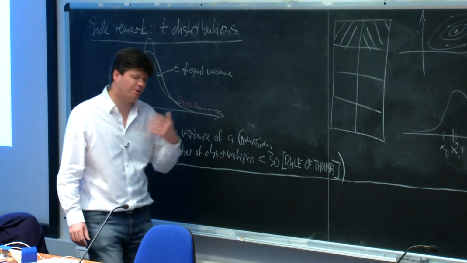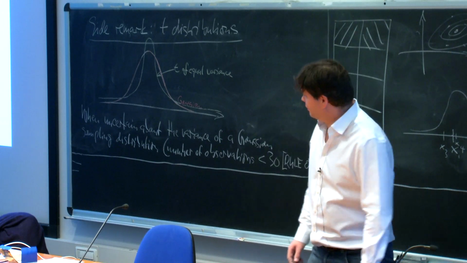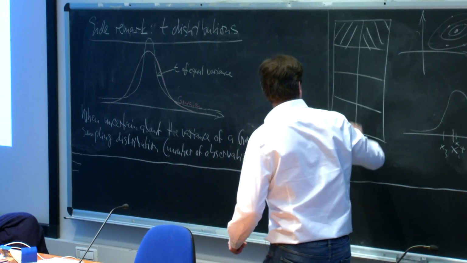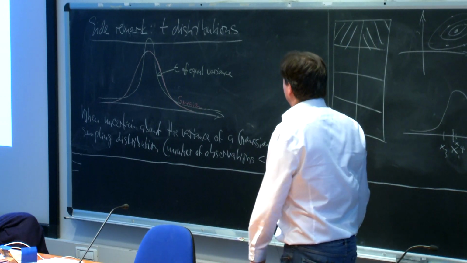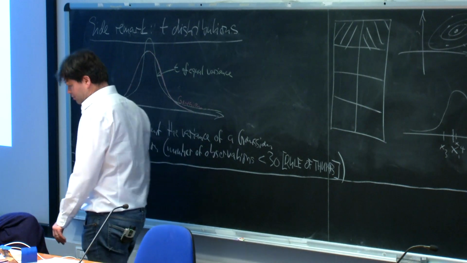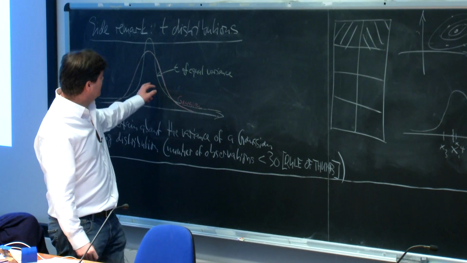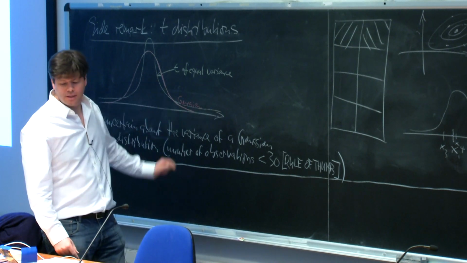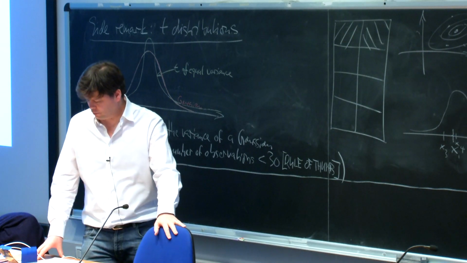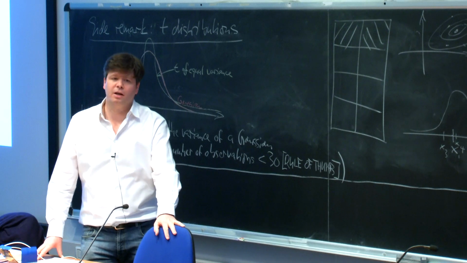So it will be practically indistinguishable from a Gaussian. But if you have fewer observations, like Gossett had in his Bernoulli field, then you need a t distribution to perform inference. And this t distribution has a very complicated functional form and is not an exponential family.